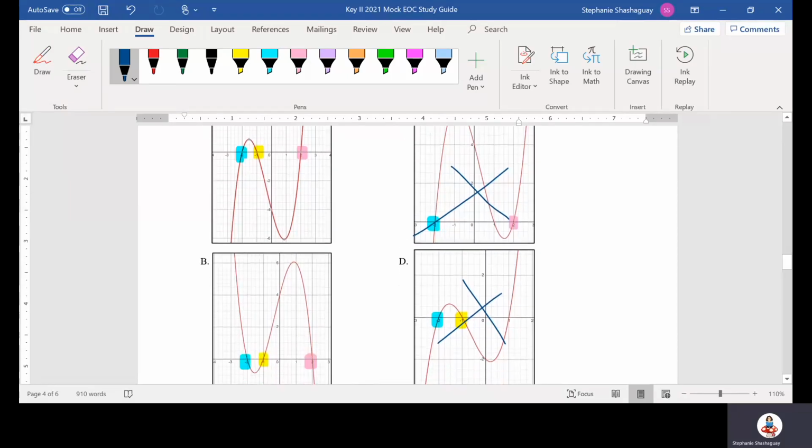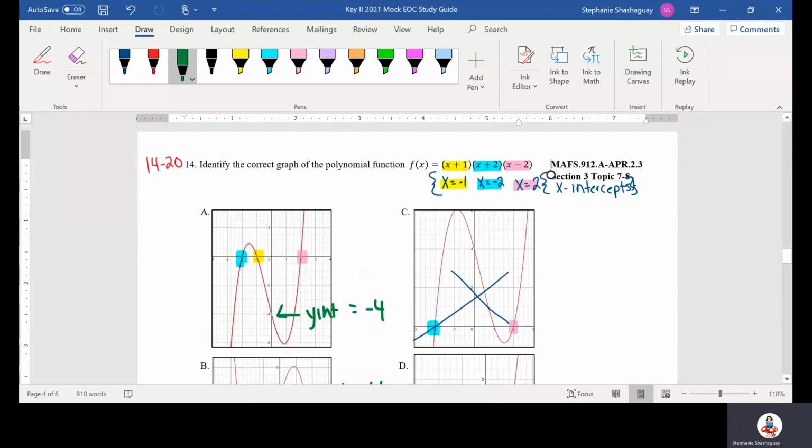Well, with A, I have a y-intercept here that is equal to negative 4. Here, my y-intercept is equal to a positive 4. Well, how can you find the y-intercept of this function?